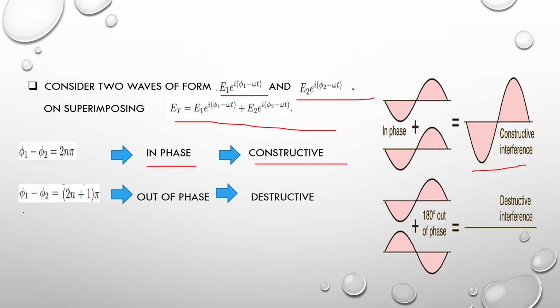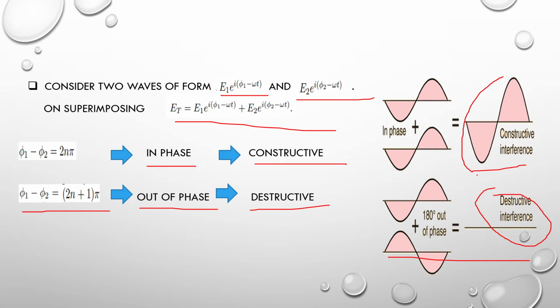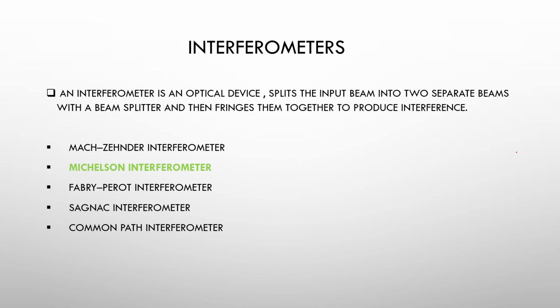Whereas if phi 1 minus phi 2 is (2n+1) times π, then they are out of phase and the interference is destructive. You can see here in the diagram, this is destructive resulting in 0, and this is twice the original one.